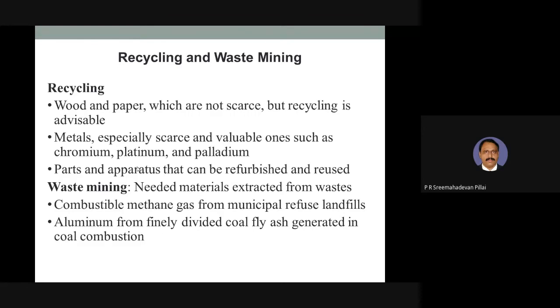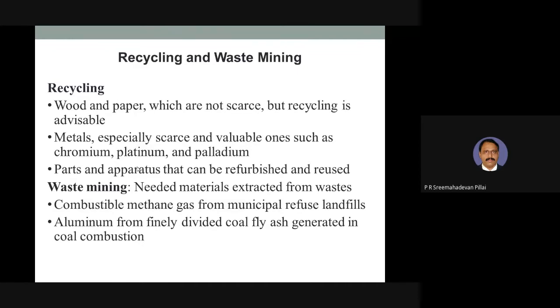Similarly, most of the metals you can use as scrap for producing new material. And that is very common in the iron and steel industry, because 90% of the iron and steel in India is recycled. Only 10 to 15% is virgin iron ore.